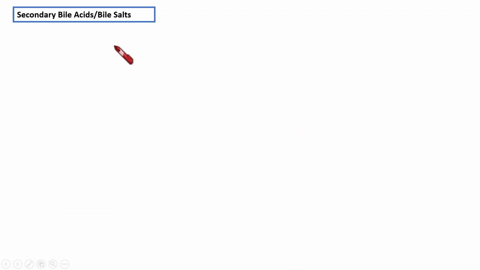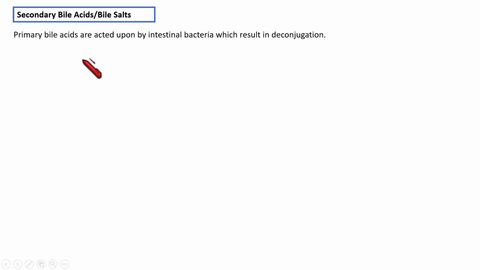Next, we are going to understand how the primary bile acid gets converted to secondary bile acids or bile salts. On reaching the intestine, the primary bile acid is acted upon by intestinal bacteria. What are these bacteria doing to the primary bile acid?